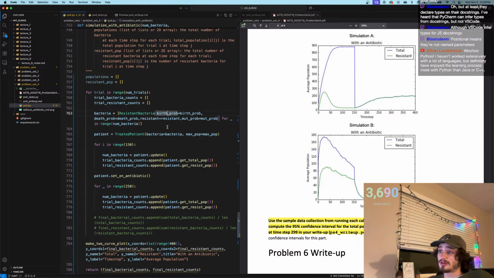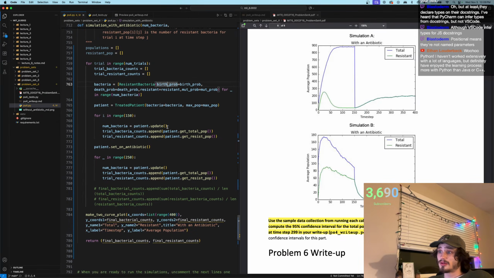And so y coordinates 1 is that, y coordinates 2 is that. A list of data.